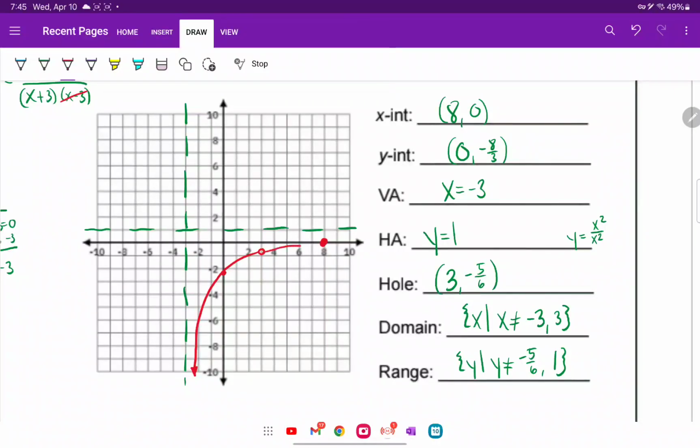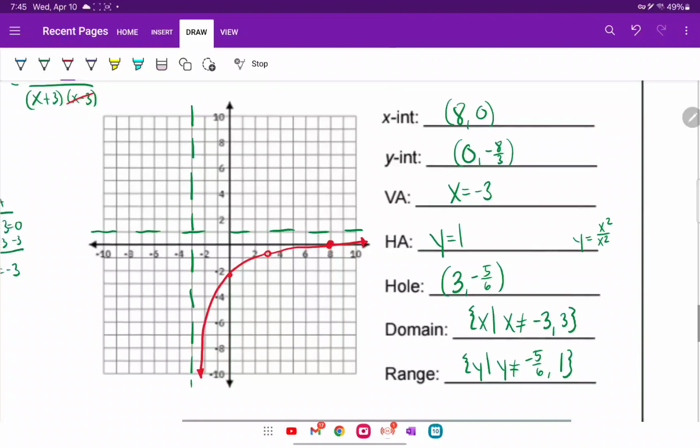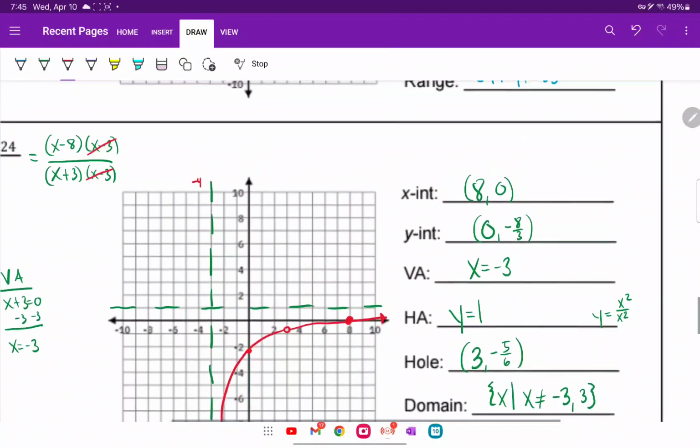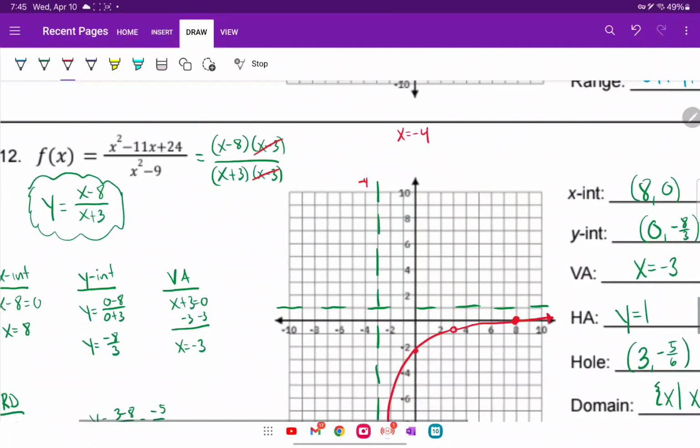So based on this, we know that our other branch should be in quadrant 2, but we do have to test it. I already have a number to the right of x equals -3, so I'm going to test -4. If x is equal to -4, we plug that into our simplified equation.